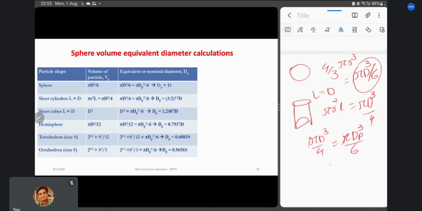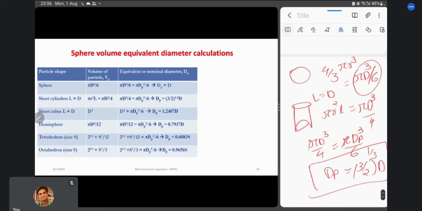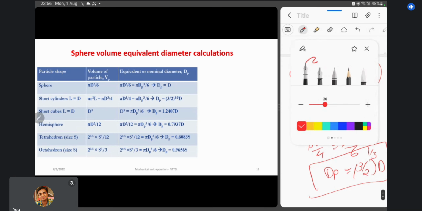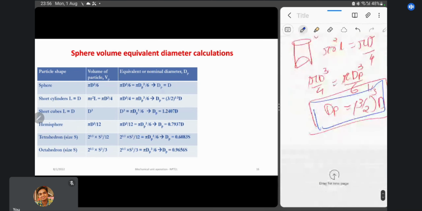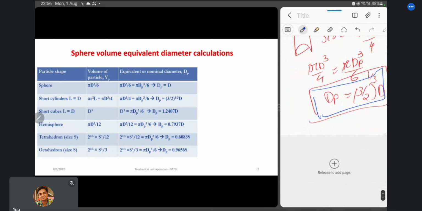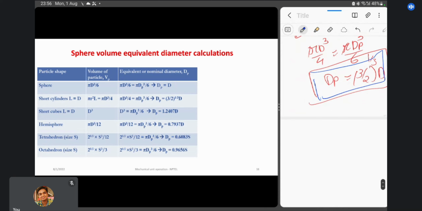So now dp is equal to 3 by 2, and we need to take the cubic root of it. So these are the basic properties of diameters when we compare different shapes with the sphere.